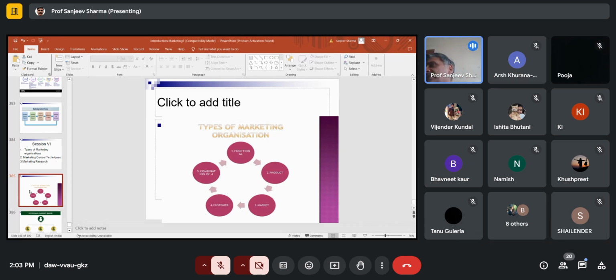You organize your marketing efforts in terms of regions. Second, the marketing organization method is through functions. There are various sub functions in marketing, so we organize on that. Third is on the basis of products.